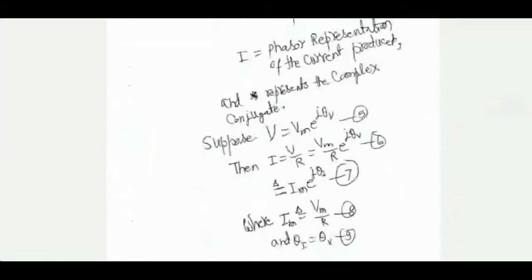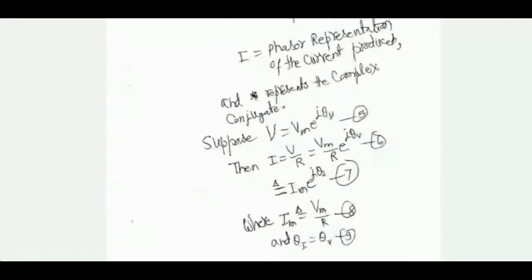And e to the power j theta I is the general representation for I. Of course, in this particular case, theta I and theta V are equal. So although I'm writing on the right hand side of equation 7, theta I, it actually is equal to theta V because the load is purely resistive.